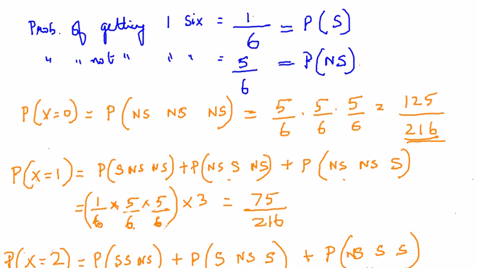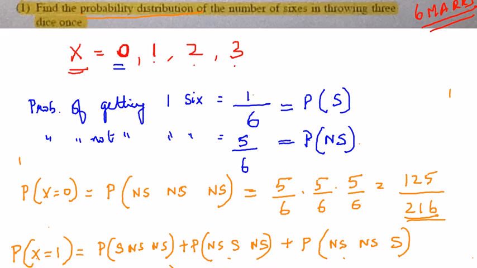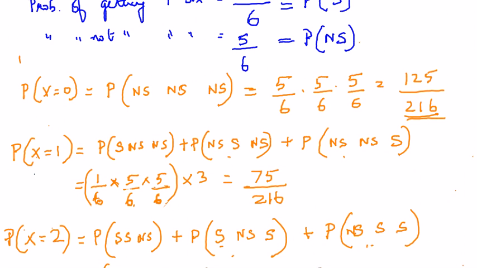Now what are they asking us in the sum? They are asking us to write the probability distribution. So let's write the probability distribution for this. My x takes the values 0, 1, 2 and 3. When x is equal to 0, the probability is 125 by 216.